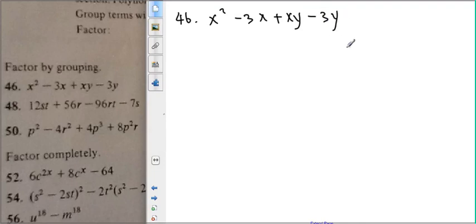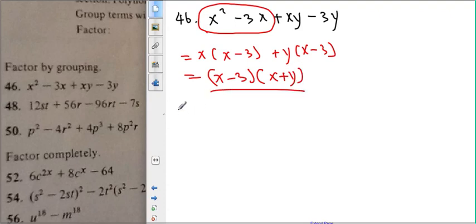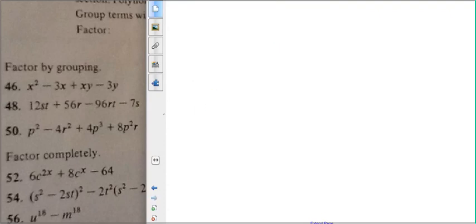By grouping. Maybe group these two first. Then we get x times x minus 3. And here we realize y is common, so plus y times x minus 3. That means x minus 3 is common. So we get x plus y. That becomes our answer.